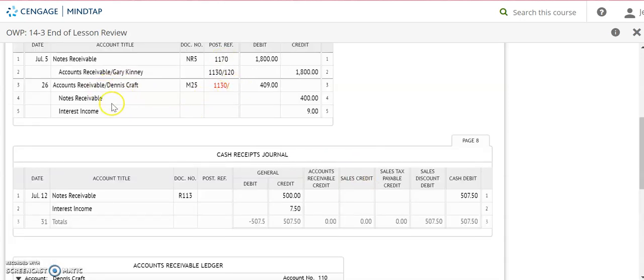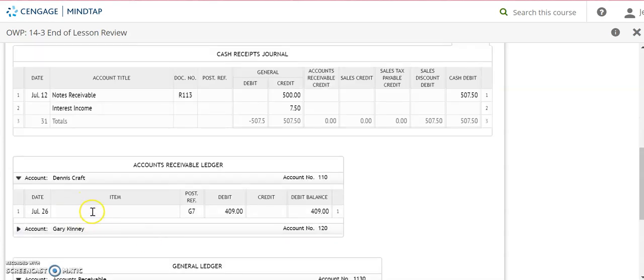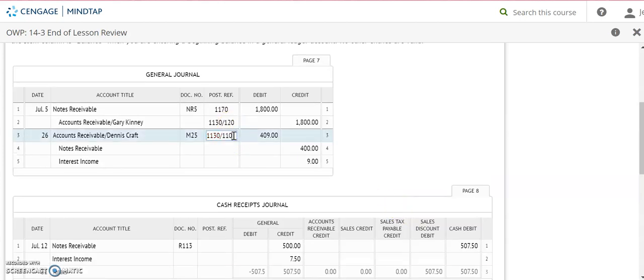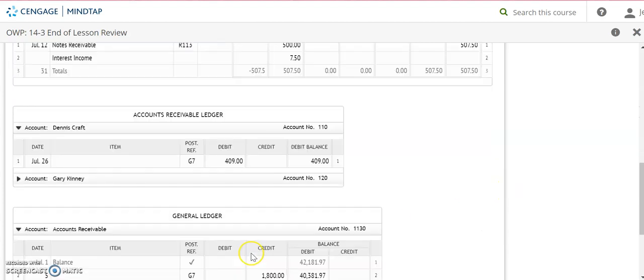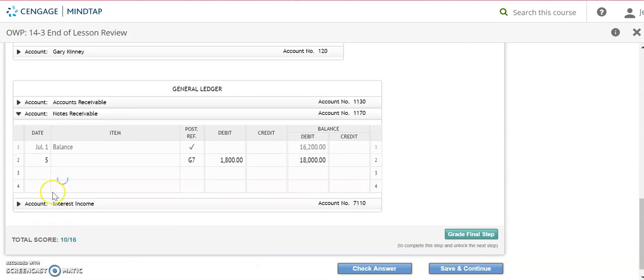Now, when I look back up at this transaction, this is where Dennis dishonored his note. So in the item column, we would put dishonored note here. Again, we are not doing that here, but that's what we would have put. So I'm going to bring up account number 110. Okay, now I'm going to be posting to notes receivable. The 26th, G7, and we are going to credit for 400. And then I'm going to find my new balance.